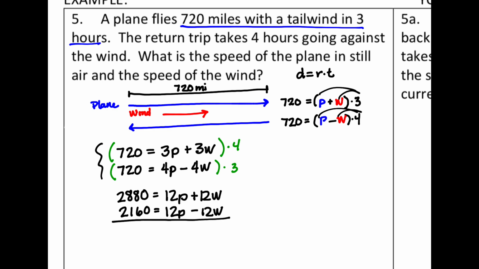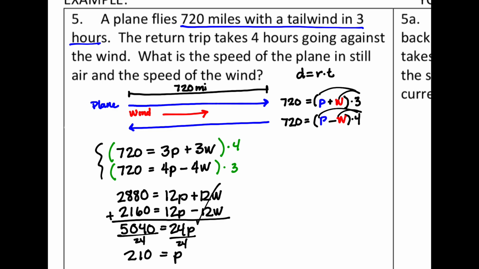And add those up so the W's cancel. And we get 5040 is equal to 24P. Divide by 24. And I get 210.